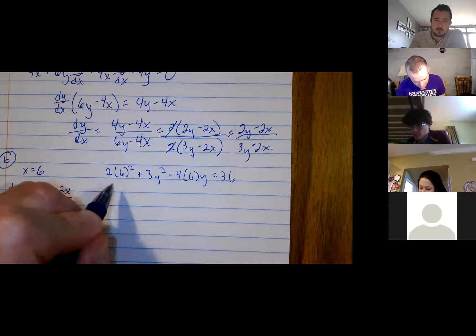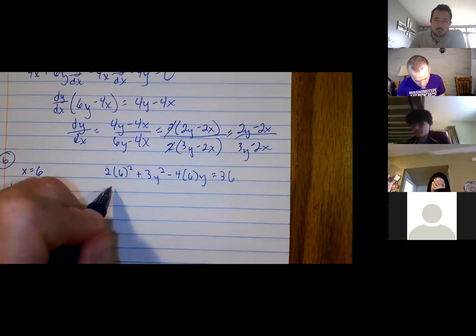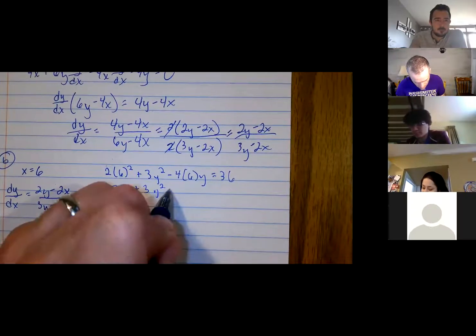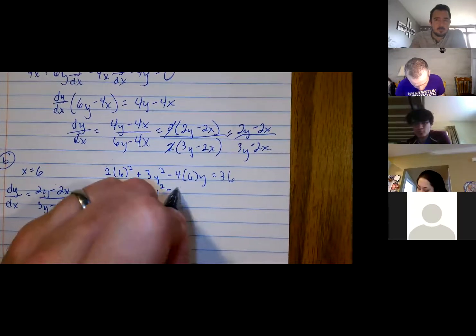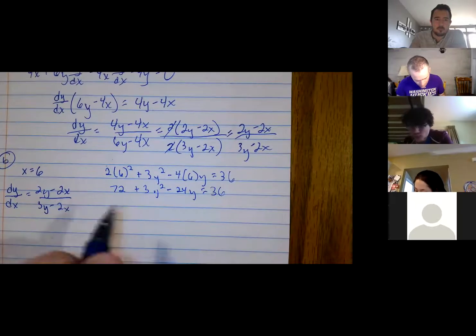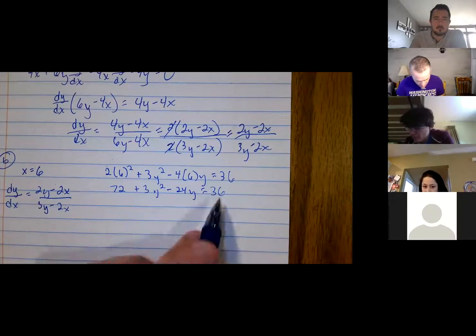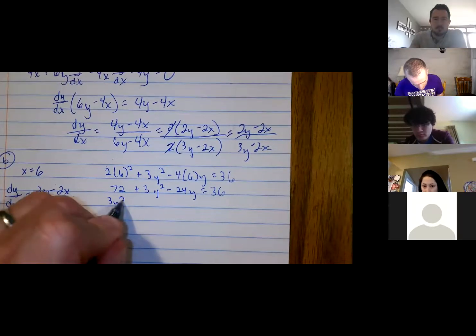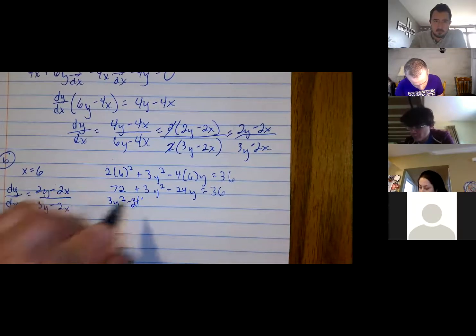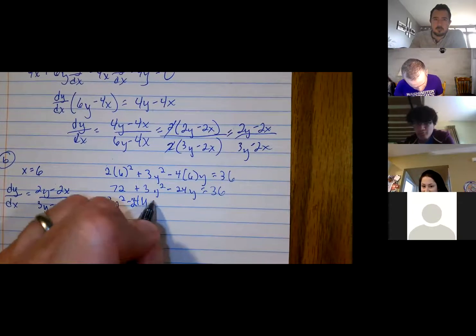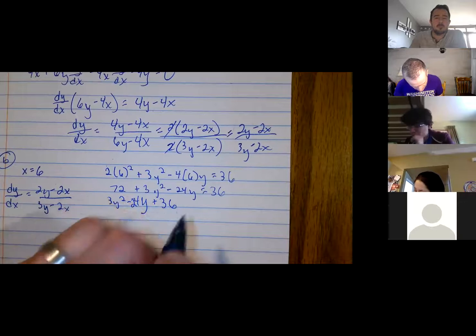So we can write 72 plus 3y squared minus 24y equals 36. If I subtract 36, I get 3y squared minus 24y, and then 72 minus 36 gives plus 36, equals 0.